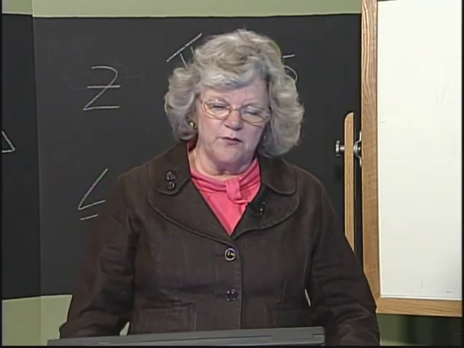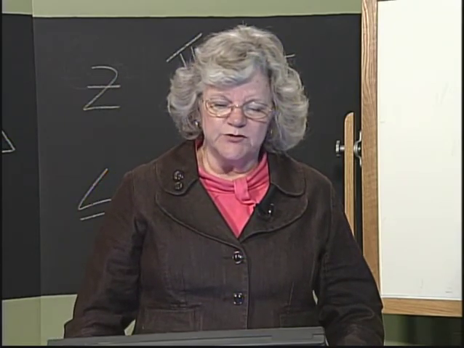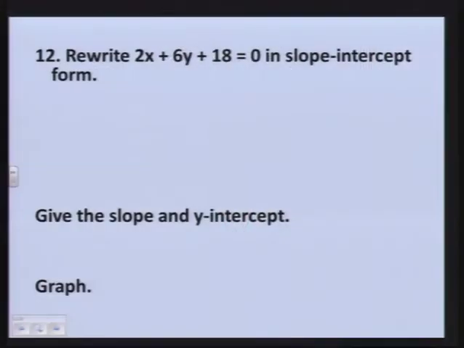Okay, the first problem we're going to look at today is to rewrite 2x plus 6y plus 18 equals 0 in slope-intercept form. Now, if you recall, slope-intercept form means that it's solved for y. So to solve for y here, let's get rid of everything that's not y on the left side.